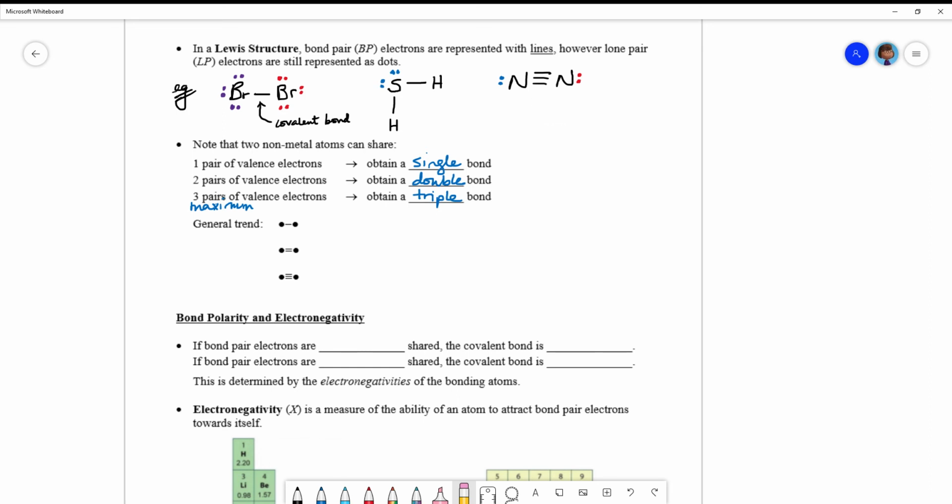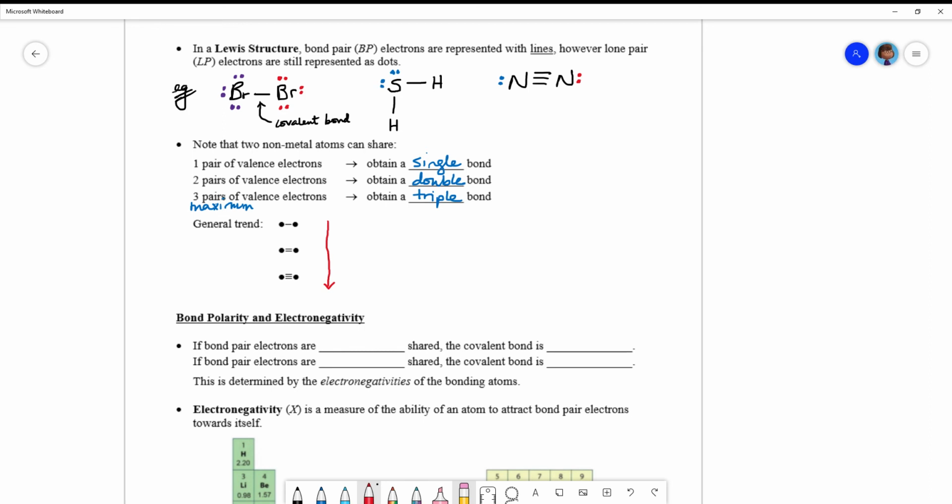Now, we see some rather interesting trends when we examine single bonds, double bonds, and triple bonds. One of the major trends is that as we go from a single bond to a double bond to a triple bond, the bonds get stronger. A single bond is weaker than a double bond in general, and a double bond is weaker than a triple bond.